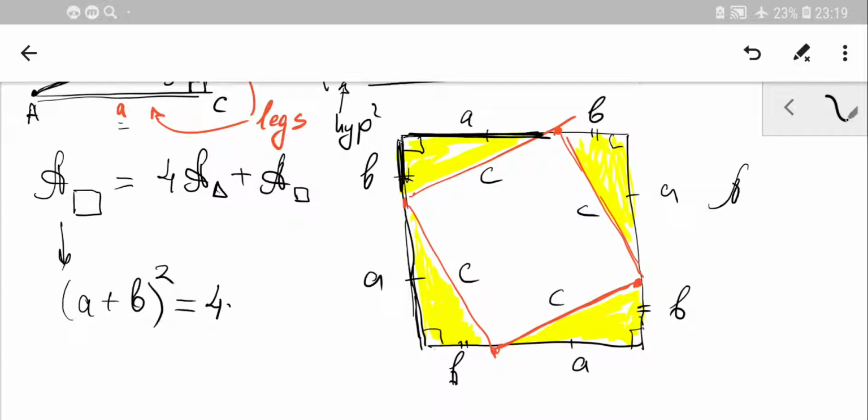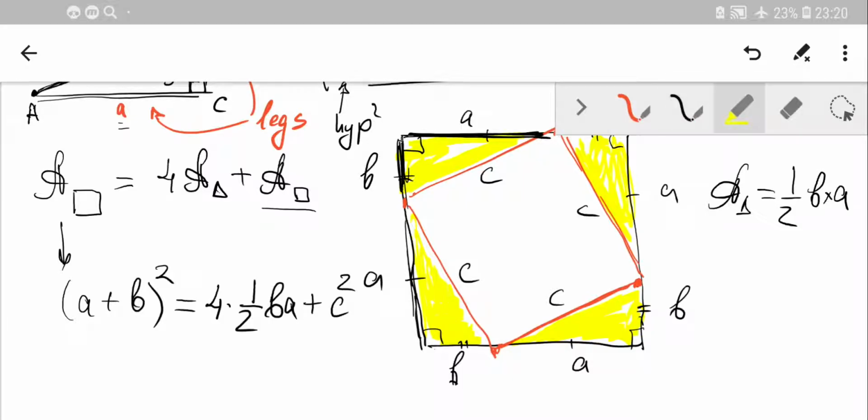So we know that the area of a triangle is 1/2 height b times the base a. Okay, so that's why we can write it like this, 1/2 ba. Okay, and what about the area of the small square, the red one, I mean with red sides. Each side is c, so we just need to add c squared. Okay, that's what we have.